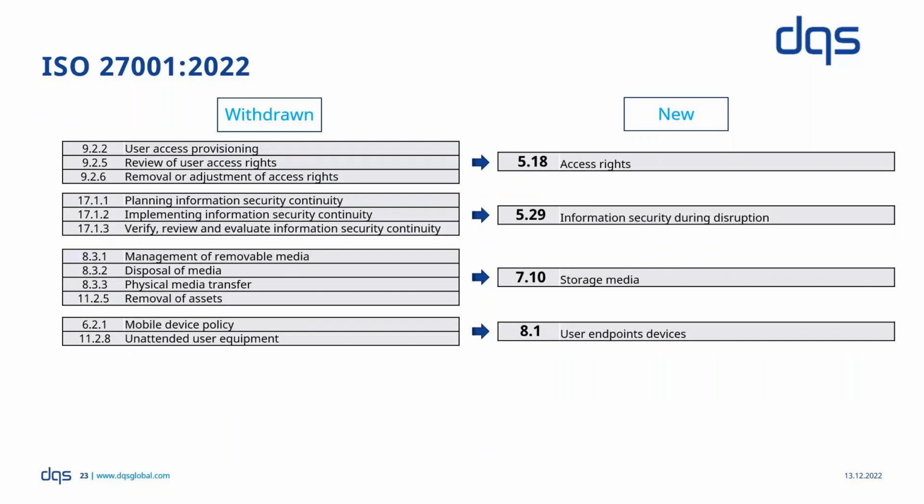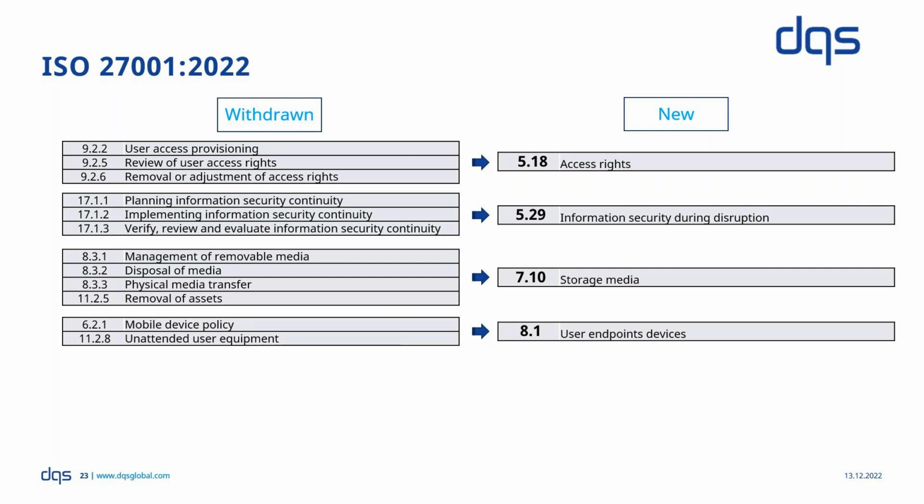Continuing with the list of the 24 merged controls, let's look at the top example, 9.2.2, 9.2.5, and 9.2.6. All are related to access provisioning, access rights. So they are merged into 5.18, access rights.